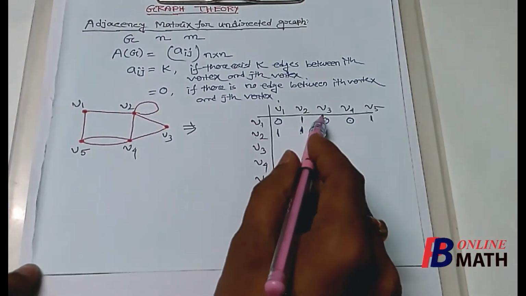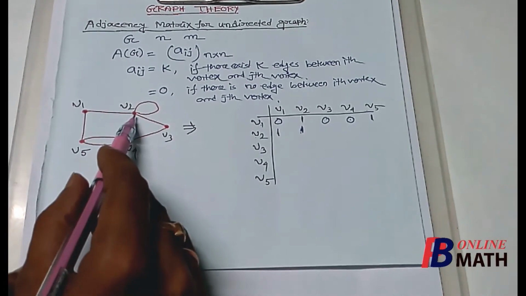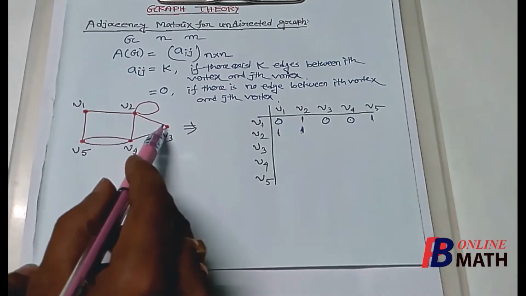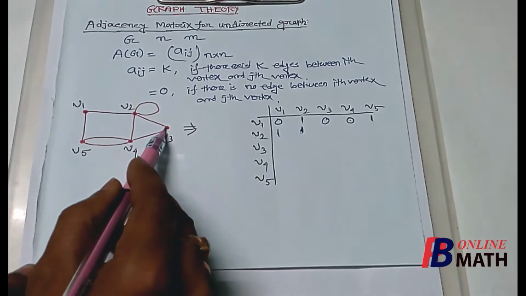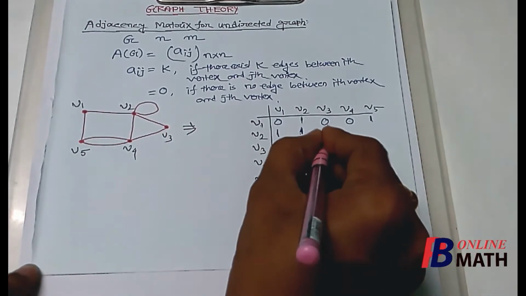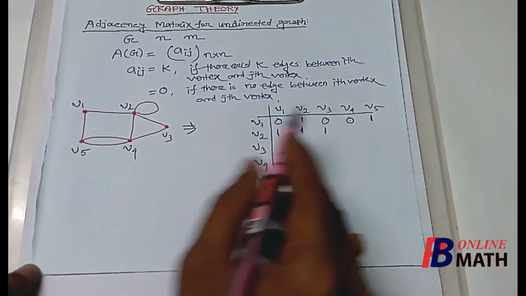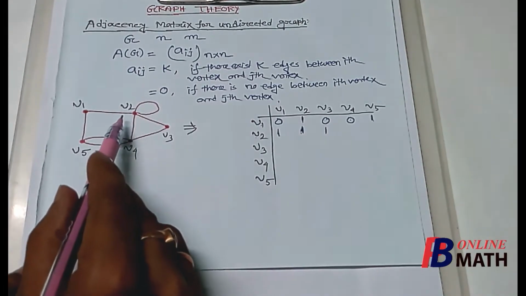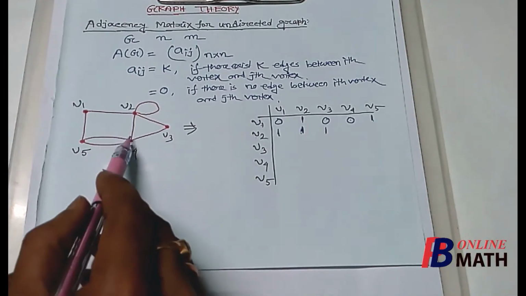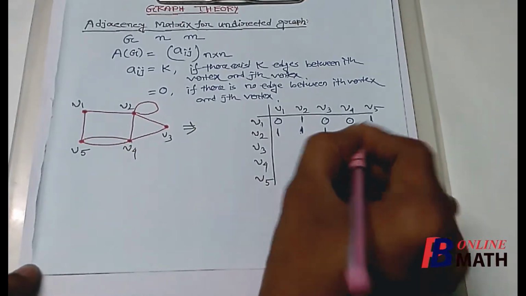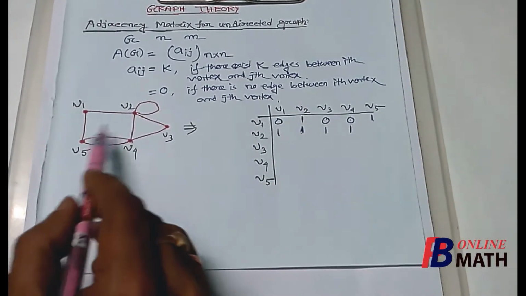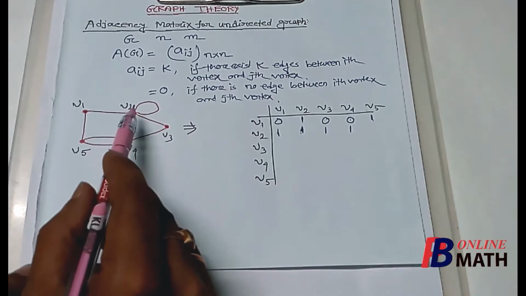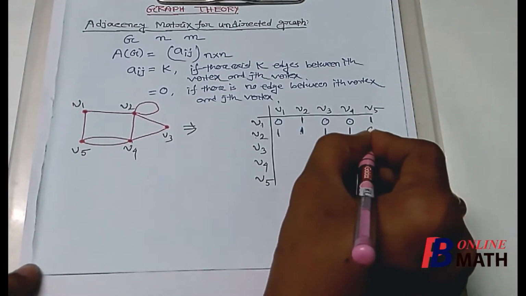Next one is V2 to V3. We find that there is only one edge between V2 to V3, so we shall put 1 here. Next from V2 to V4, we find that there is only one edge between V2 and V4, so we shall put 1 here. And finally from V2 to V5, we find that there is no edge between V2 to V5, so we put 0.